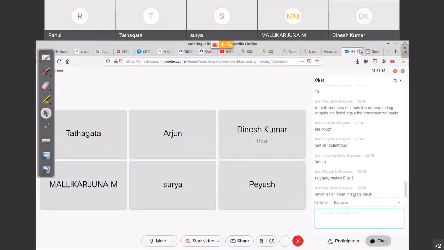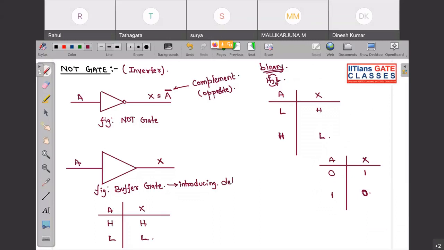For introducing what? For introducing delay. Okay, delay. We are going to study the concept of delay in the next slide. So basically buffer gate is used for introducing delay.